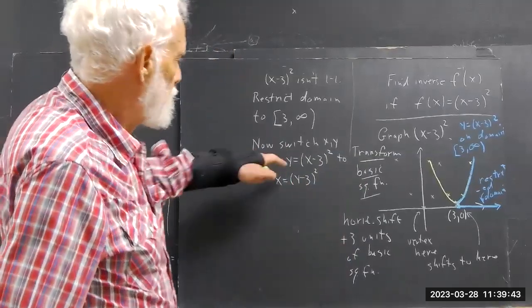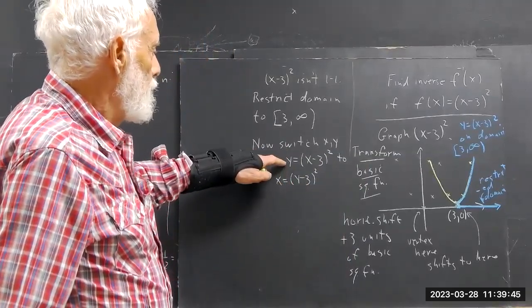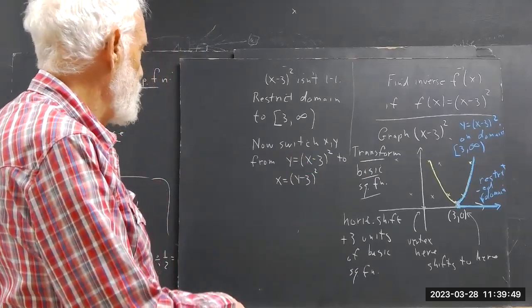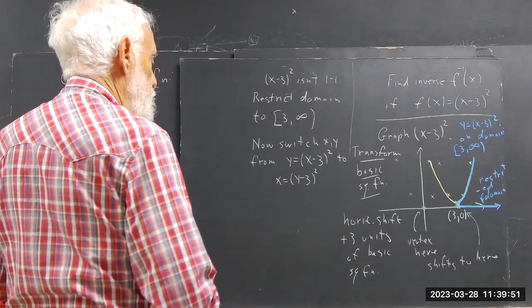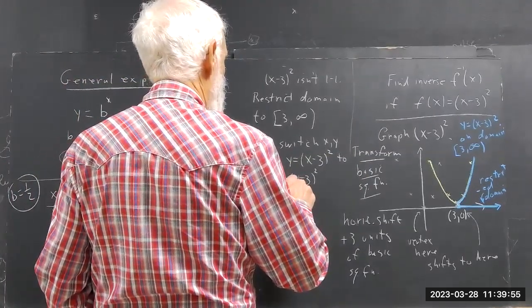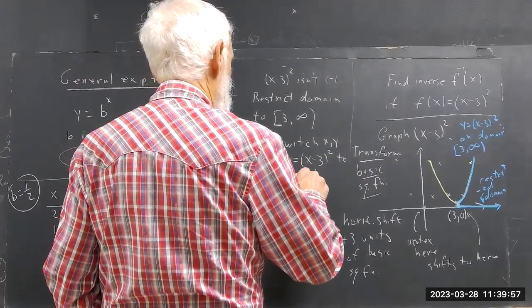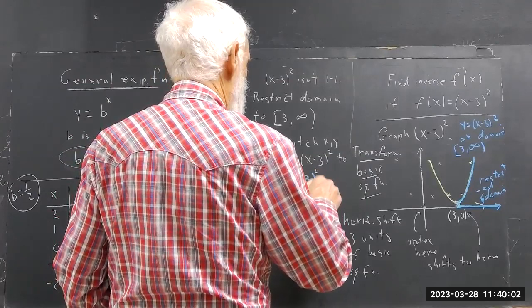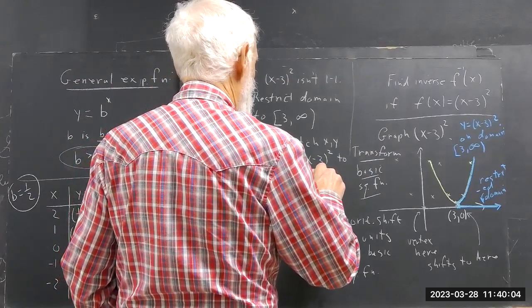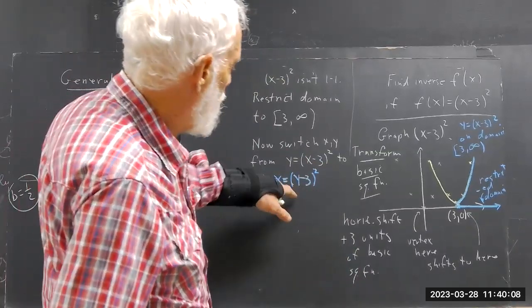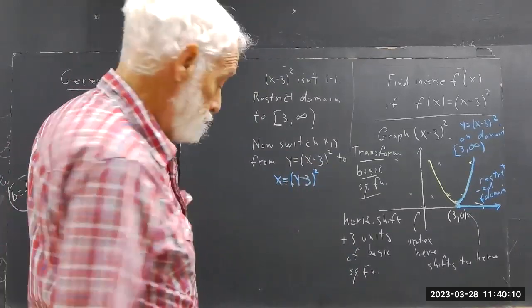So now we switch x and y. Our function is y equals (x minus 3) squared, and if we switch it, we get x equals a quantity (y minus 3) squared.